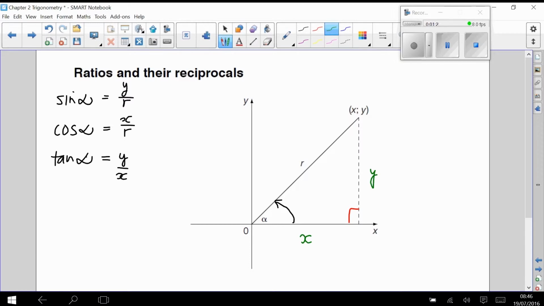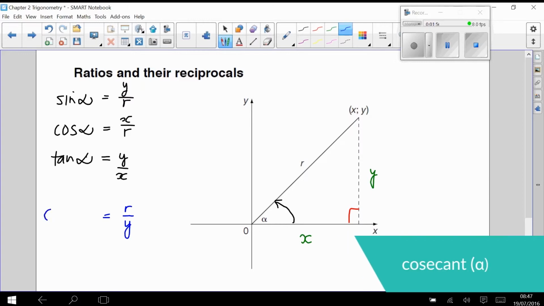It stands to reason, though, that if I have got ratios, and the ratios could have been y over r, then there should also be a ratio of r all over y. Now that ratio also has a name. It's the reciprocal of sine alpha, and I call that reciprocal cosec of alpha.